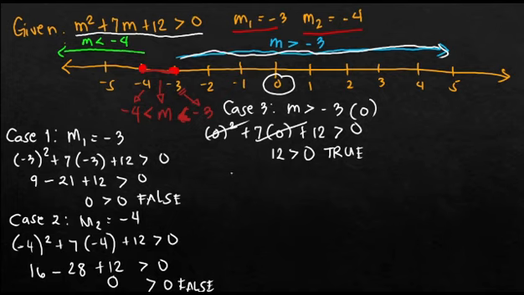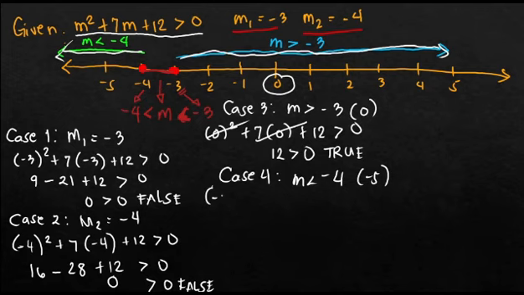So, let's have case number 4. Ang gamitin naman natin itong to the left. M is less than -4. So, ano bang pinakamadaling sakop niyan? Yung pinakamaliit na lang. So, that is negative 5. So, dun lang naman natin yan titingnan sa number line. And then, proceed with the substitution. We have negative 5 squared plus 7 times negative 5 plus 12 greater than 0.